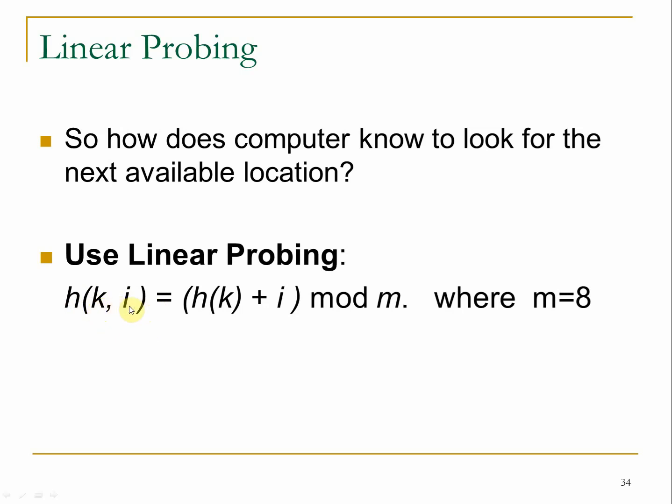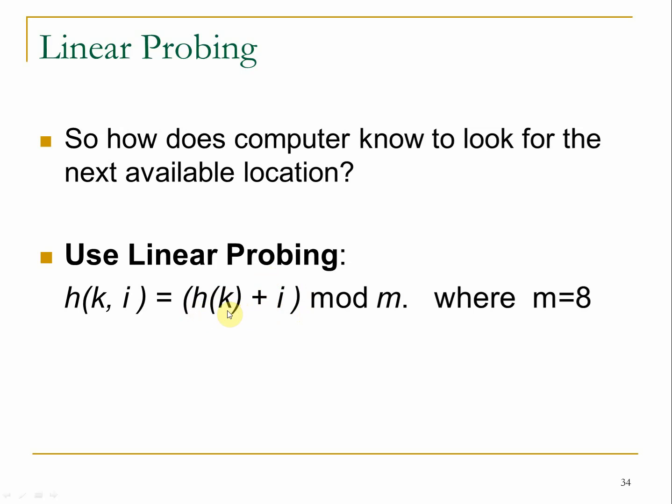The i over here, you can think of that as a loop. Starting with 0, when i is 0, that is your home position. At the beginning, you will feed your k value into the hash function, find the home position, plus i equal to 0. So you will not make any change, but search for the home position.